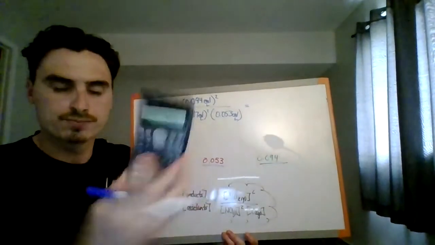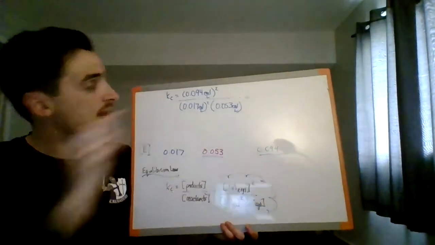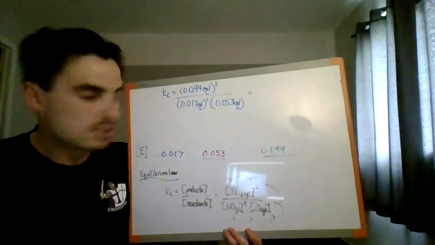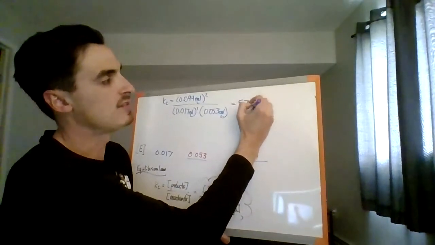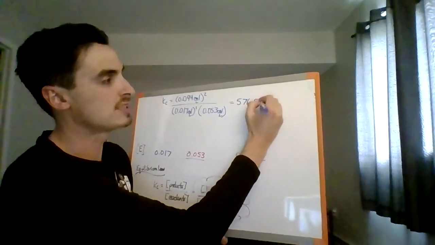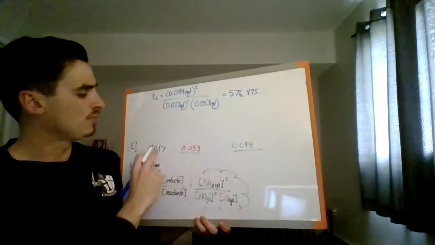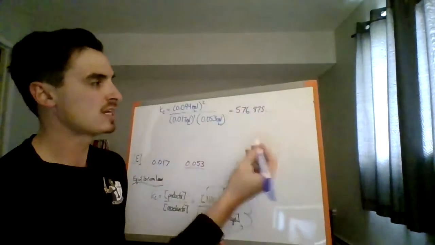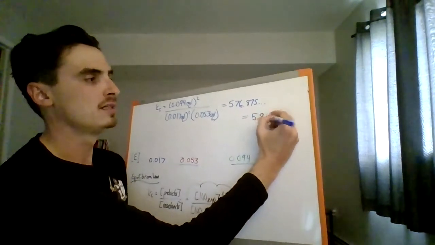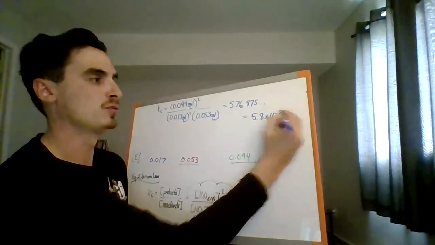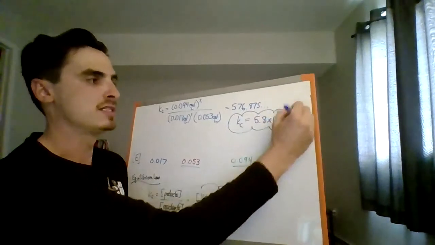That's going to give me 30.5743... And then I'm going to divide that number by 0.053. And it's going to give me 576.875... In terms of sig digs, we just use normal. Because there are 2 sig digs in these questions, this is going to have 2 sig digs. So we're going to write 5.8 times 10 to the power of 2. That is what Kc is going to be equal to in this example.